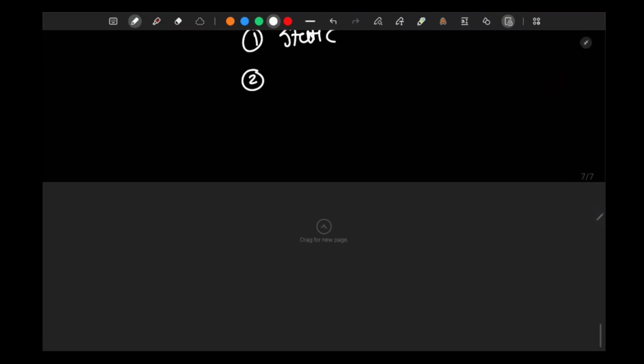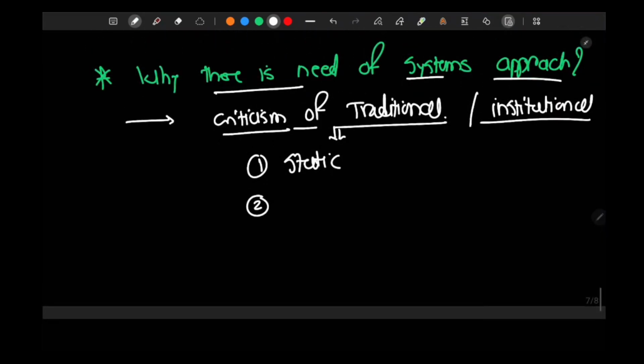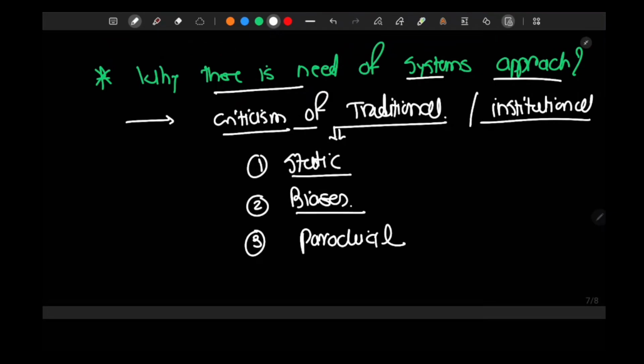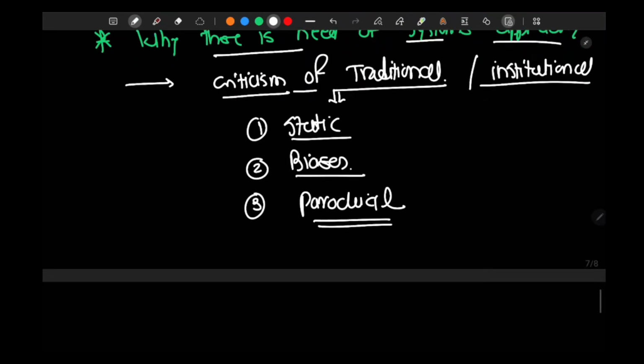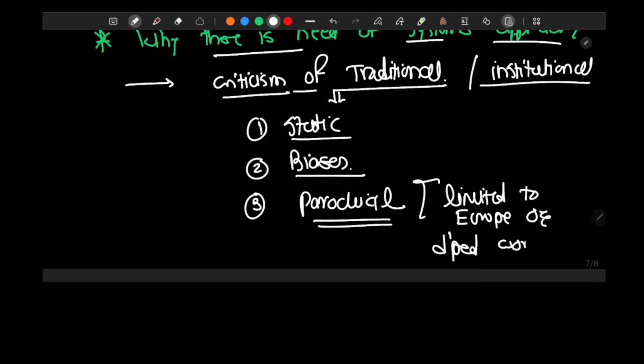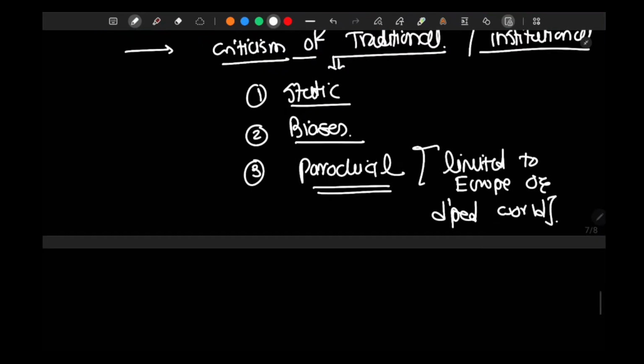They are static, they are full of biases, and they are parochial, that is, limited to Europe or the developed world. These are the limitations of traditional comparative politics.